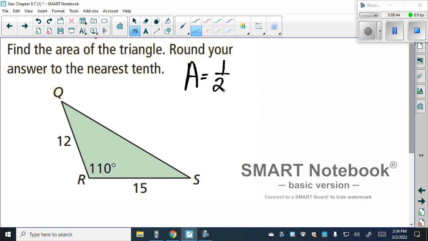Now again, on this triangle, we're given two side lengths and the angle in the middle. So the area formula tells us that we have 1/2 times one of the side lengths times the other times sine of the angle in the middle.